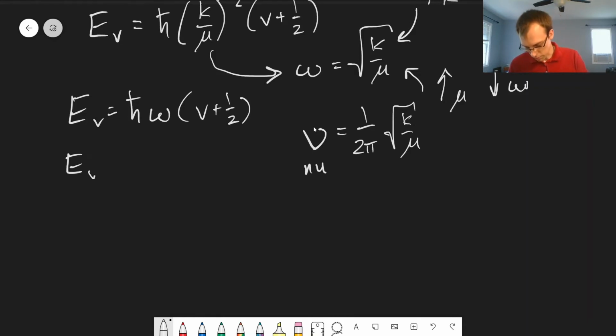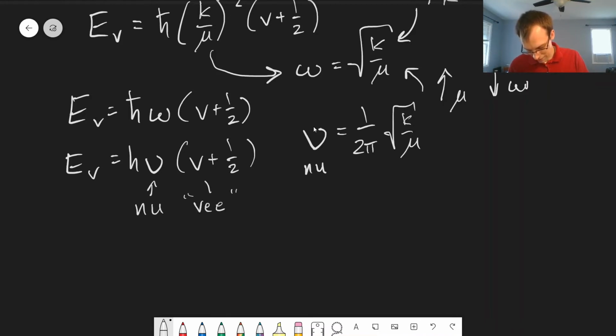And so we can also rewrite E, depending on v, as h nu times v plus 1/2. And I'll again emphasize this is a nu, this is a v. I'll try to make sure to always have this curl on the nu to make it obvious.